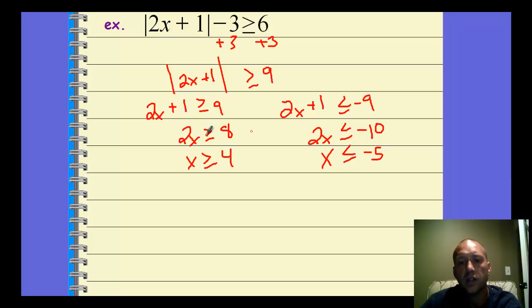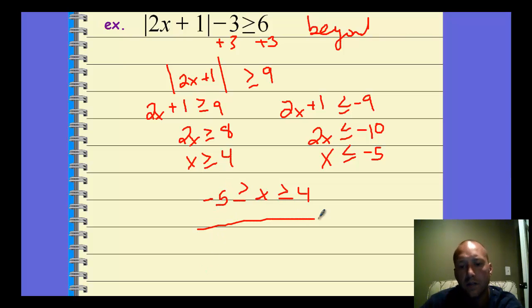Now we can look at these and try to combine them if possible. The greater than symbol, so we know it's beyond. If I wanted to combine them, I could take this symbol and I can actually flip the other one around. I could write it like this.